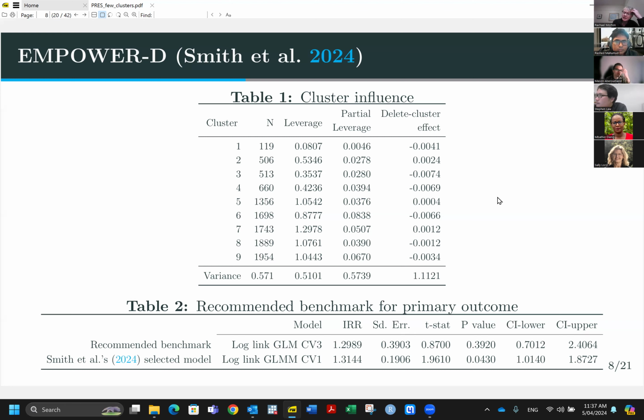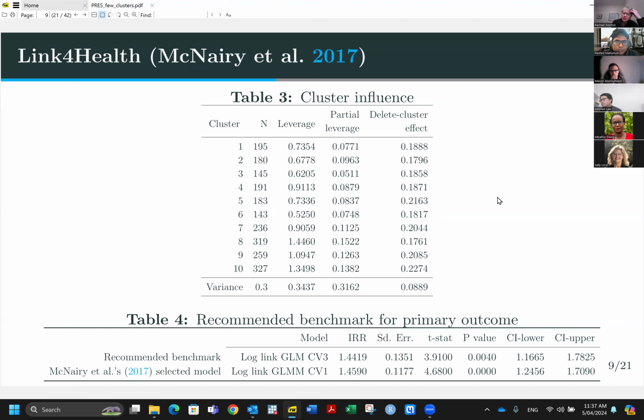So Empower D is an example of when you use the cluster variance 3 estimator as opposed to cluster variance 1, your main effect is no longer statistically significant. Whereas in the Link for Health trial, which is the second example in this presentation, it didn't change the overall result. However, you are taking into account the variation. So I think that's the main point here.